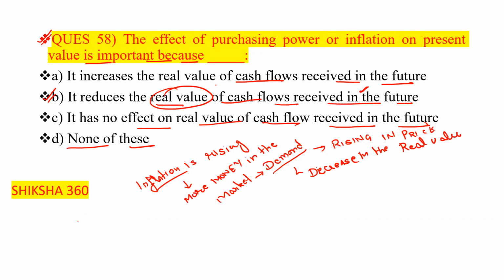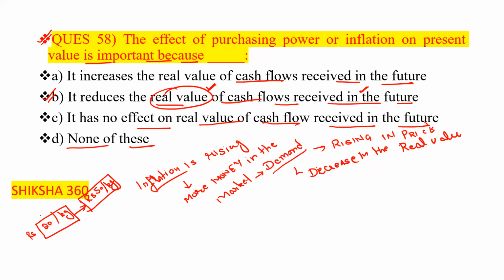What is the meaning of that? Earlier, two years back, if you were purchasing something at rupees 20 per kg, now due to inflation it is available at rupees 50 per kg. So it reduces the real value of cash flows.